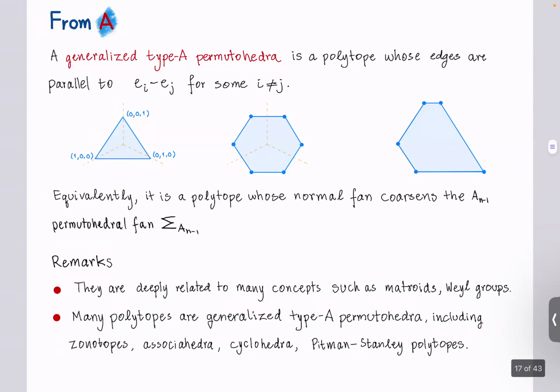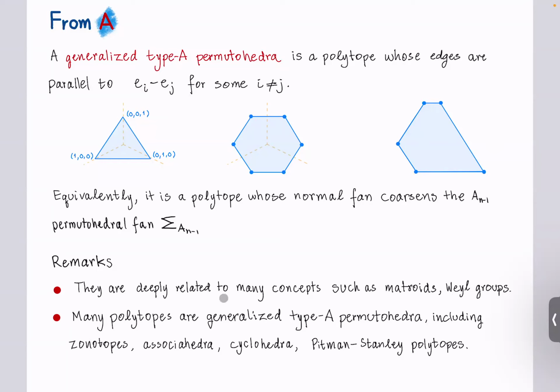Here are a few remarks. Generalized permutohedra are deeply related to many mathematical concepts such as matroids, Weyl groups, and graphs, for example. And that's how they are related to type A, type B, Coxeter groups, and things like that you have seen in other fields.